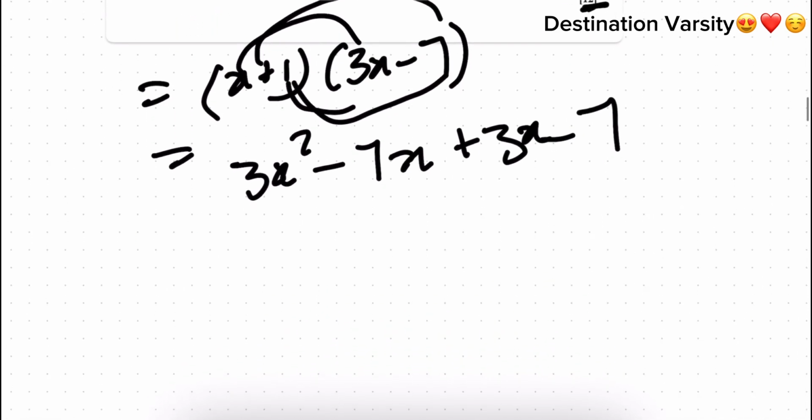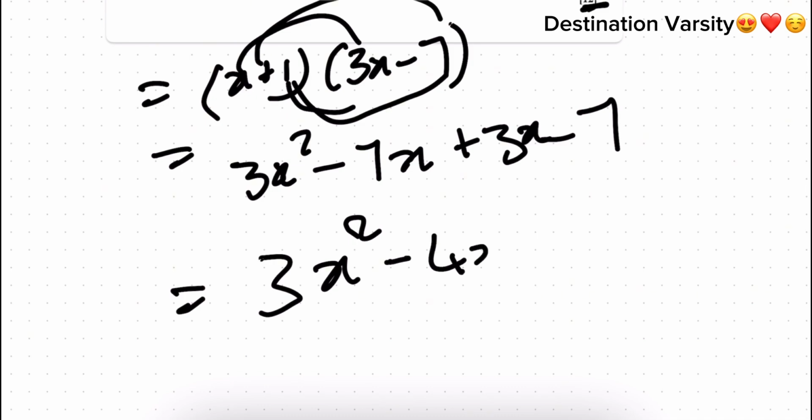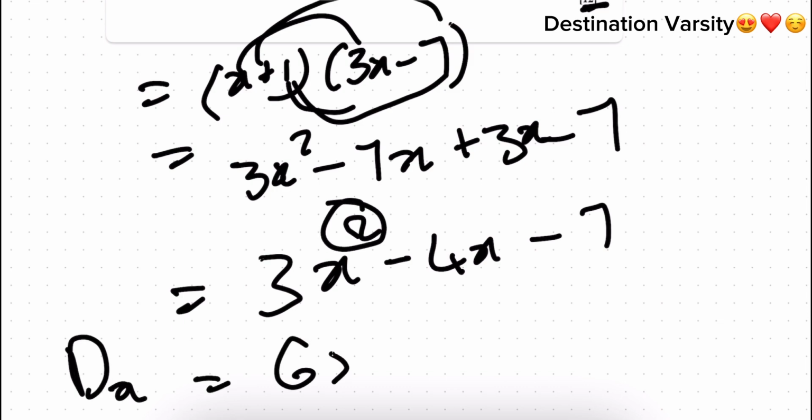And then you literally have 3x squared minus 4x minus 7 again. Therefore, the derivative of this is equal to 6x and then minus 4. Done. You know what I'm saying?